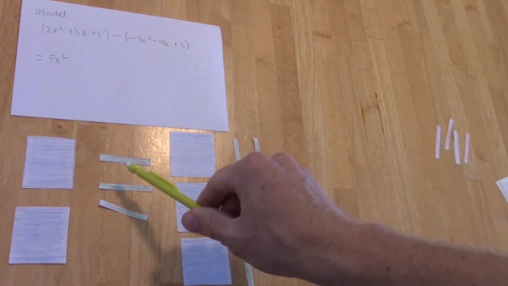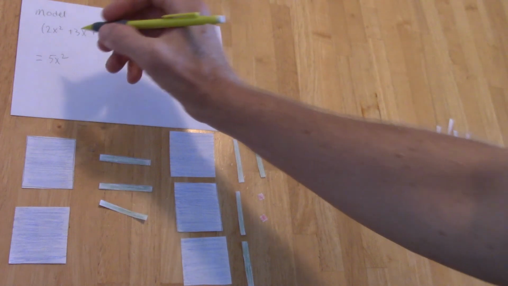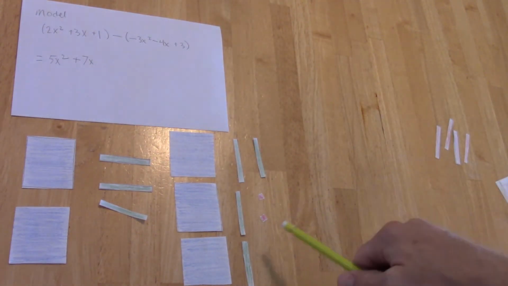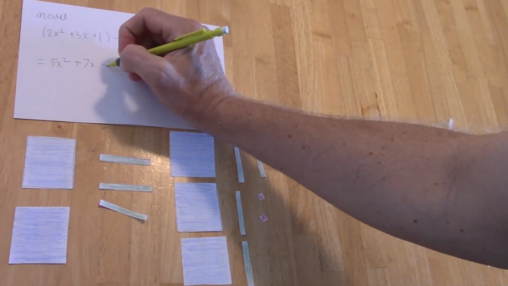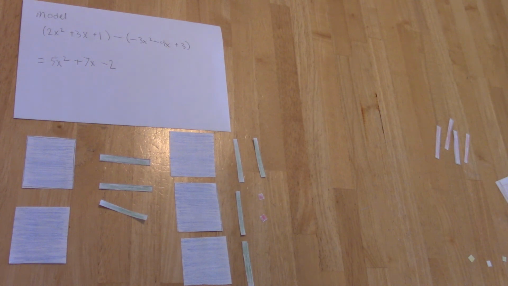I have 1, 2, 3, 4, 5, 6, 7 x's, and 2 negative units, minus 2. Okay, so 2x squared plus 3x plus 1, subtract a negative 3x squared minus 4x plus 3 is equal to 5x squared plus 7x minus 2.